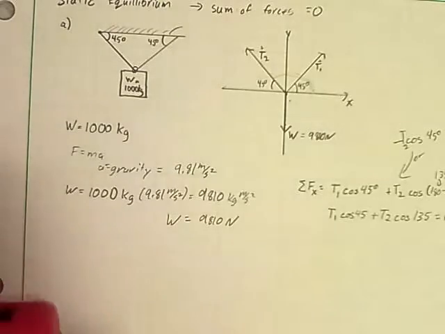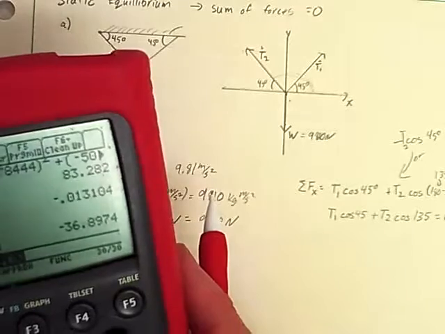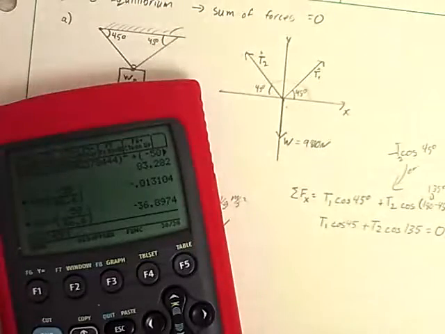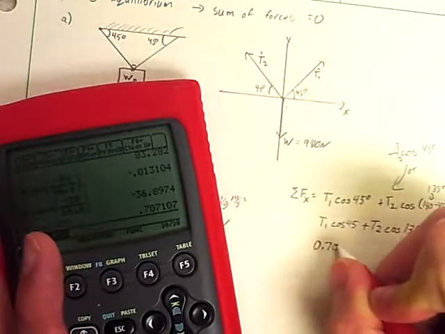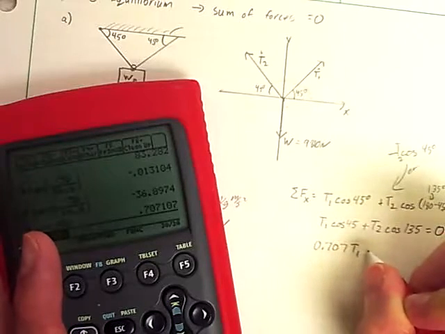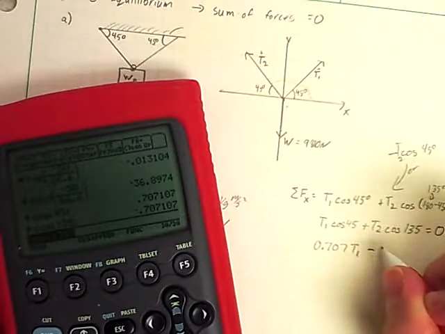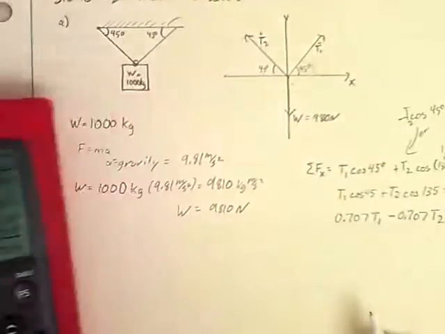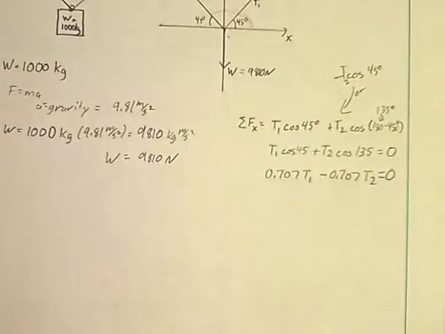The cosine of 45 is 0.707 times T1, and the cosine of 135 is negative 0.707 T2, which equals 0. So we have one equation that tells us that those two things add up to be 0.